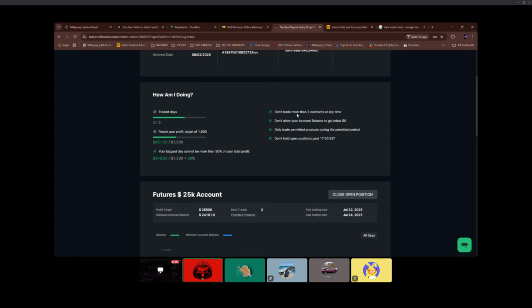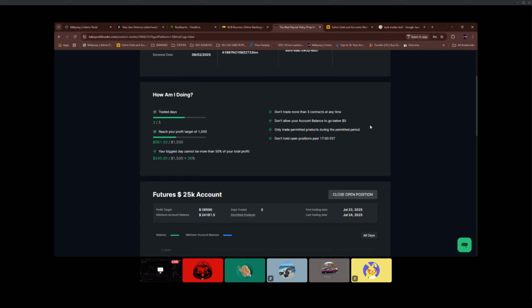That's not good because if you hit 4 contracts, you break a rule. Correct? Yeah. So it won't let you place more than 3.